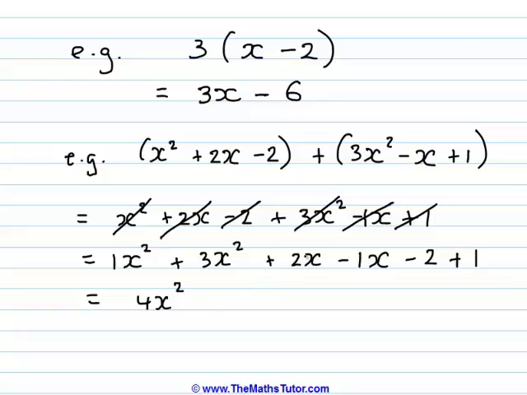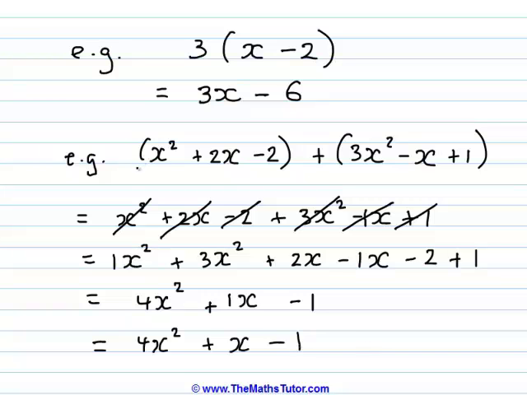Plus 2x minus 1x, well, plus 2 minus 1, that's plus 1x. Minus 2 plus 1, that's minus 1. Remember that plus 1x is the same as plus x, so we're just going to tidy that up. 4x squared plus x minus 1. So when we add our two original quadratic expressions, we end up with 4x squared plus x minus 1.